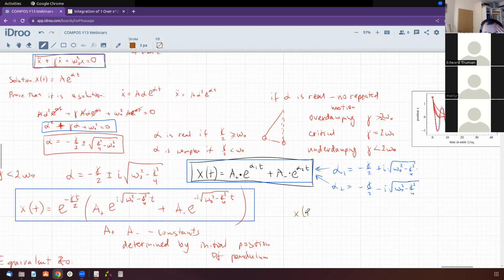So we have x of t is equal to a plus multiplied by e to the power minus gamma over 2 t plus i square root of omega 0 squared minus gamma squared over 4 t, plus the same thing but with a minus.